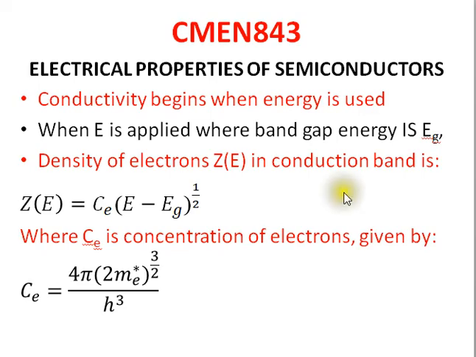So in that case, whenever an energy of magnitude E is applied to a semiconductor device where the band gap energy, Eg, is given, then we should have density of electrons, that is concentration of electrons in the semiconductor, and that is given by Z(E) equal to C_E into (E minus Eg) all raised to power half, that is a square root.